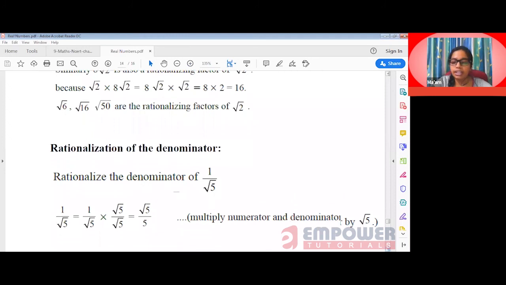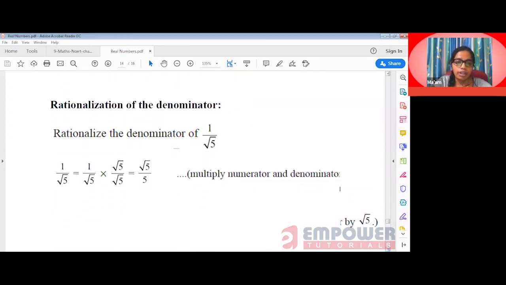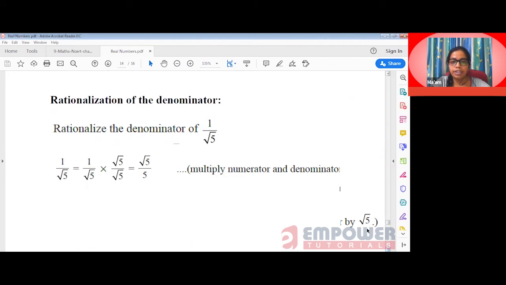We need to rationalize the denominator. Now I hope you remember, when you are converting any fraction into another form, you have to make sure that the original number remains the same. The original number should not get hampered. So when you are rationalizing the denominator, we have to look for the rationalizing factor.